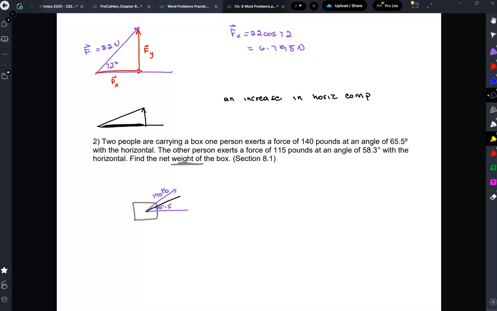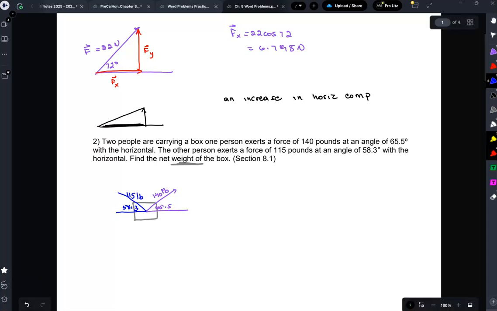But it really doesn't matter, because what I'm going to take from both of them is the Y component of the force. Because in both cases, the Y component points up, it really doesn't matter if I draw that second force like this or like this. So this one is going to have an angle of 58.3 and it's 115 pounds.